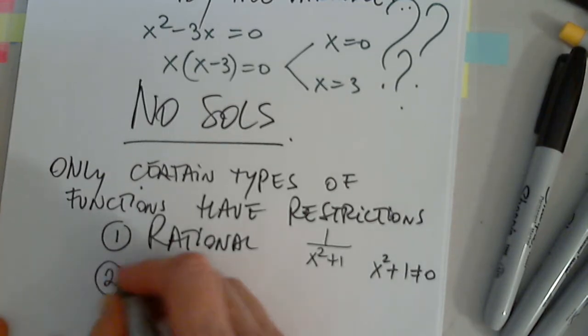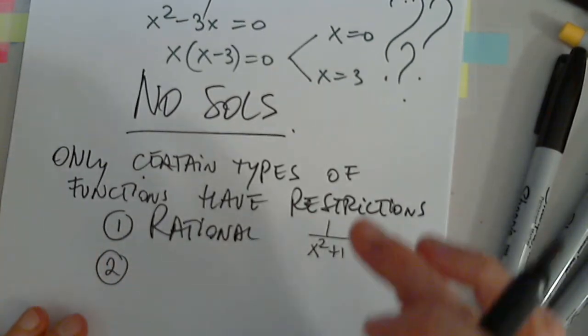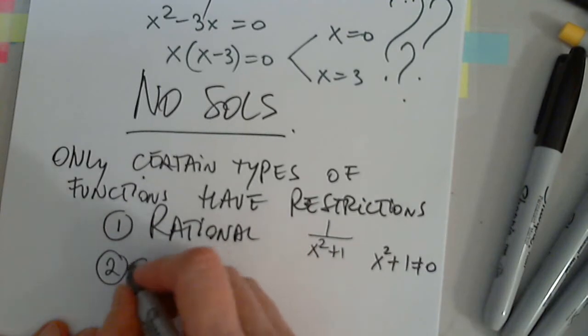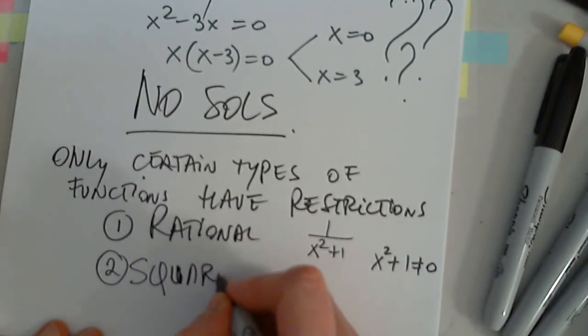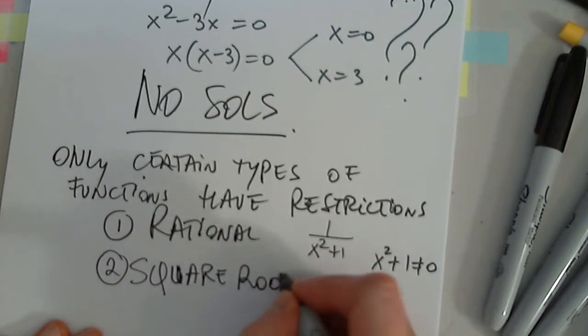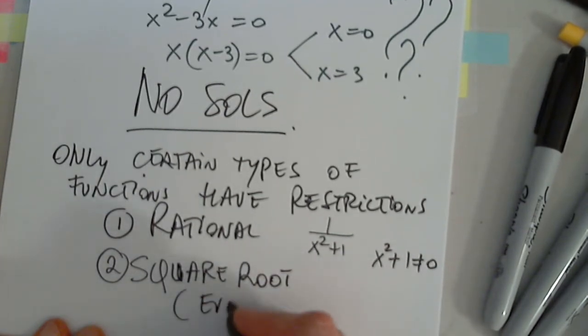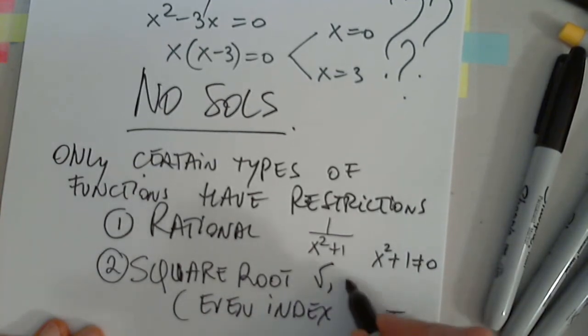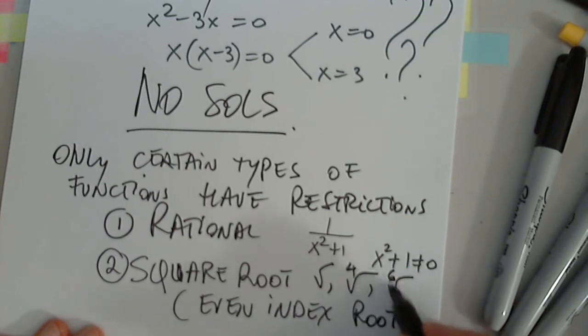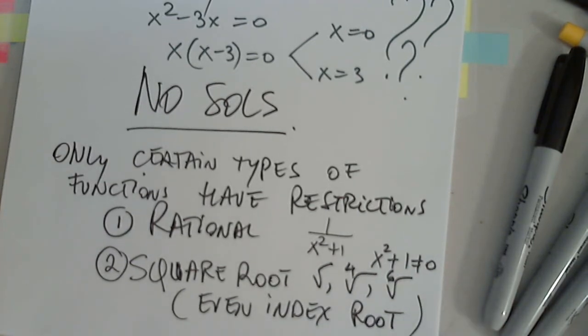A second type of function that has restrictions is square root, or any even index root. So the square root, the 4th root, the 6th root, all of them have restrictions.